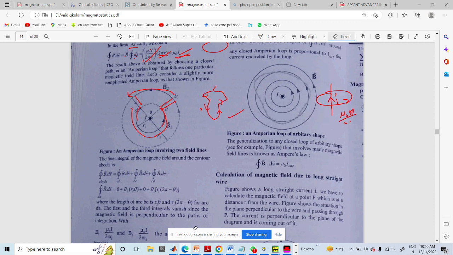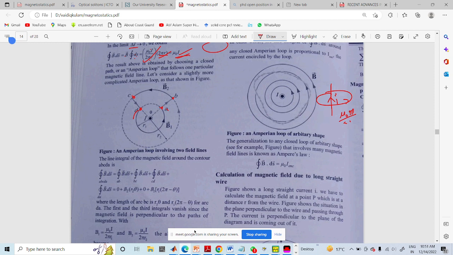From here, what they are trying to show is that we will try to calculate B dot ds. For a b c d a, this is a, this is b, this is c, this is d, and then this is a. So this is our loop, named a b c d a.